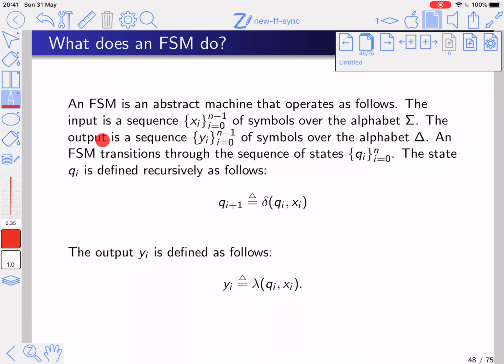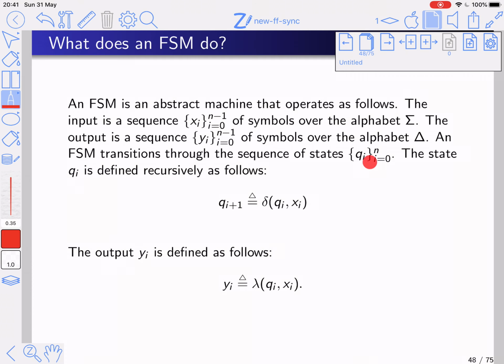The output is a sequence, yi, where i goes from 0 to n minus 1, of symbols over the alphabet big delta. The finite state machine transitions through a sequence of states, Q0, Q1, Q2, up to Qn, as it is fed by this sequence of inputs. The state Qi in this sequence is defined recursively.